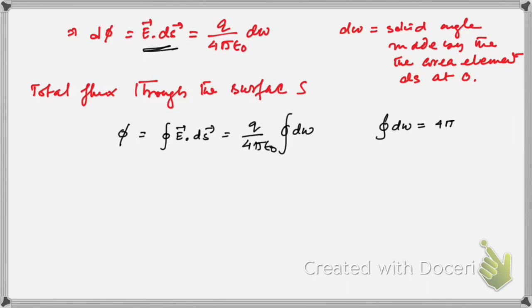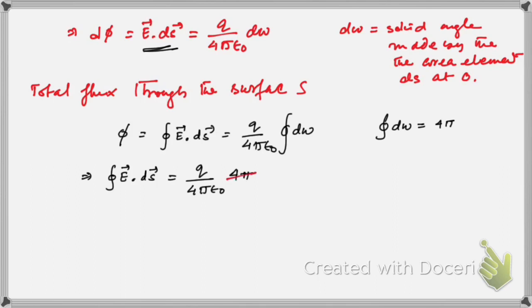So then what we have got, surface integral E vector dot dS, equals Q by 4 pi epsilon naught. So this integration of d omega is given by 4 pi, right?